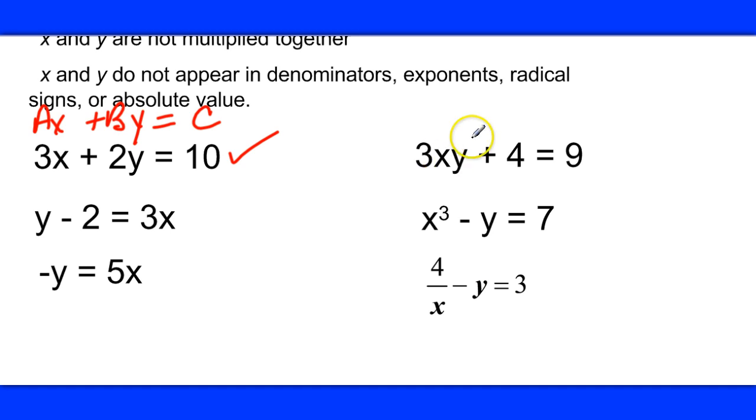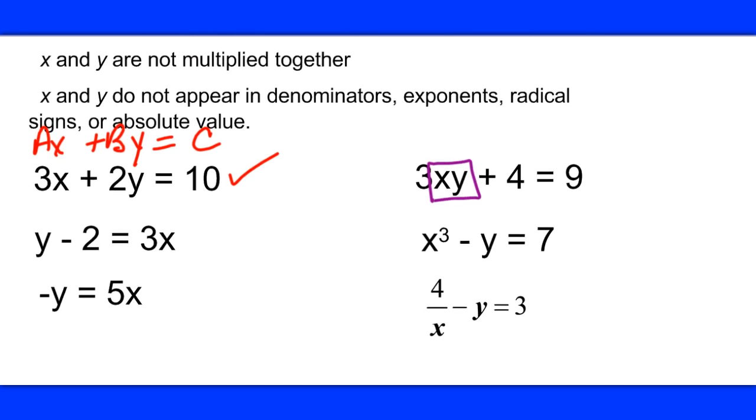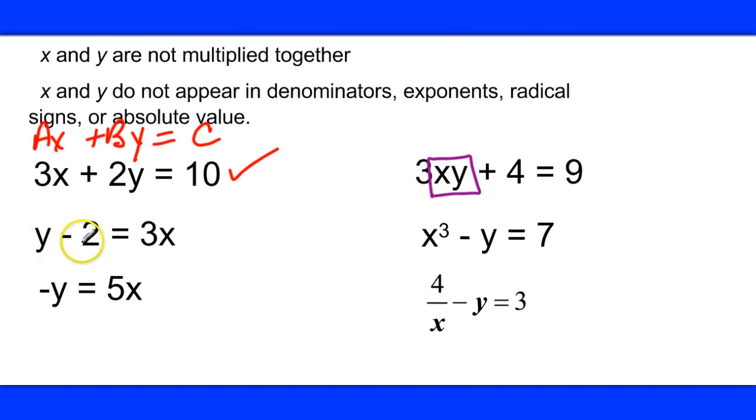What about this one? No, right here, because the x and the y are multiplied together. X and y are not multiplied together in a linear function. All right, let's keep going. What about this one? Well, that's not written like that, but I think I can make it look like that. Maybe I'll subtract y from both sides.